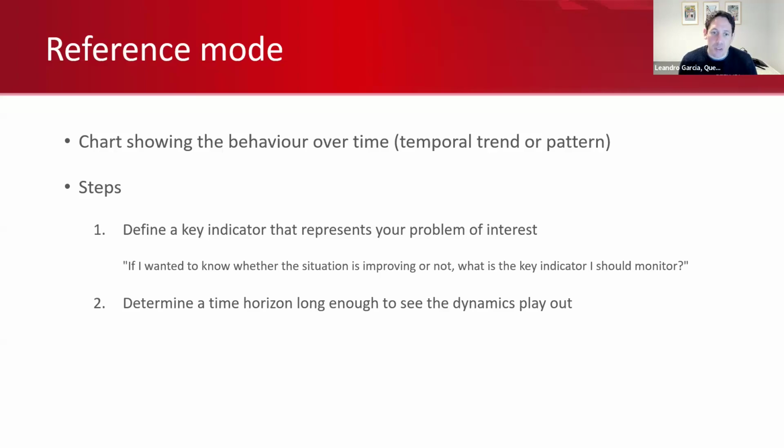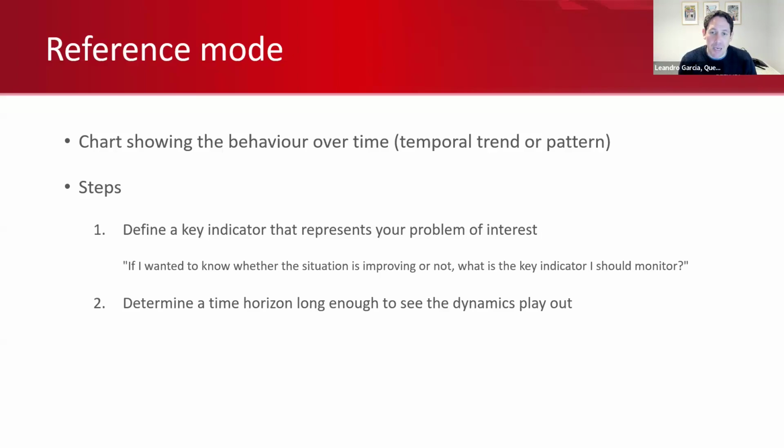In a couple of weeks, we don't have enough time for the dynamics of the factors that determine the levels of cycling to play out completely. So we probably need a few years, perhaps even a decade or so.